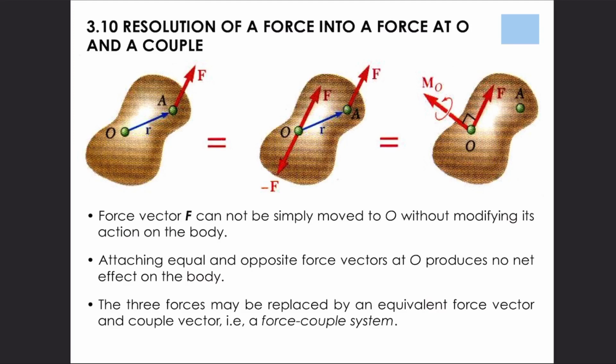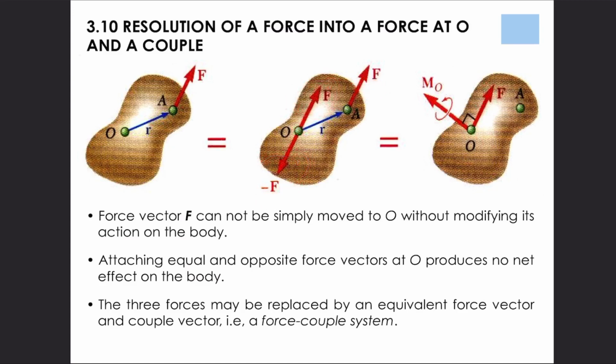Resolution of a force into a force at O and a couple. So earlier, we resolved a force into a force and a couple, but instead of its point of application at point A, it is transferred to point O. We can do that by adding equal and opposite forces at point O, equal to this force.